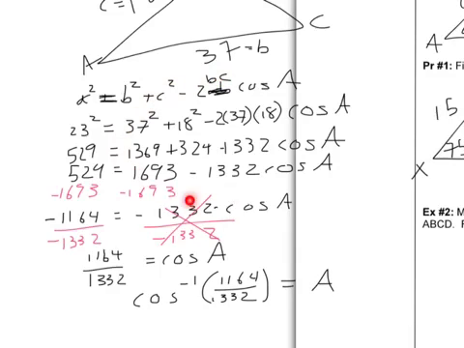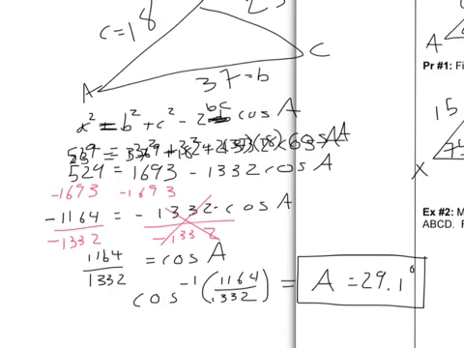It's all just basic algebra until this last step. This is the only really new step, taking the arc cosine, and you guys should know how to do that by now. So let's plug it all in the calculator and see what we get. I got about 29.1 degrees for angle A. And there we go, we've solved it.